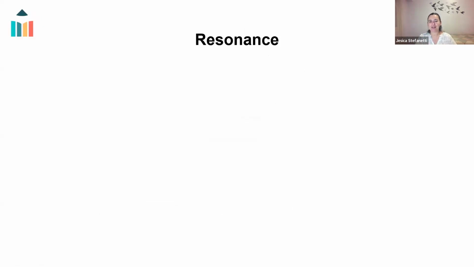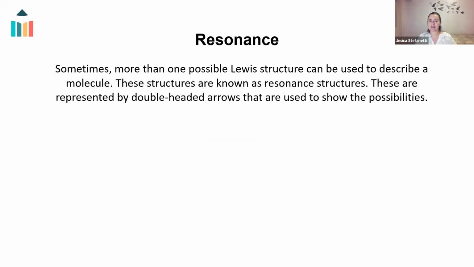For high-level students, there's a concept that you should have in mind: the concept of resonance. Some structures might present more than one resonance structure, more than one Lewis structure. When you have one molecule or ion that might be represented with different structures, the structure is not just described with one of those diagrams we did.